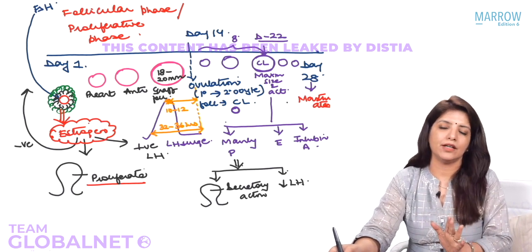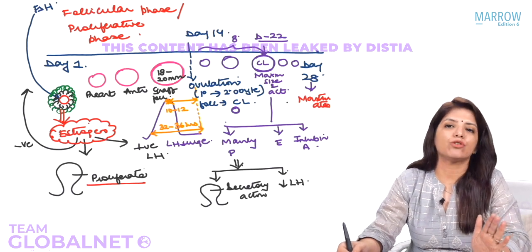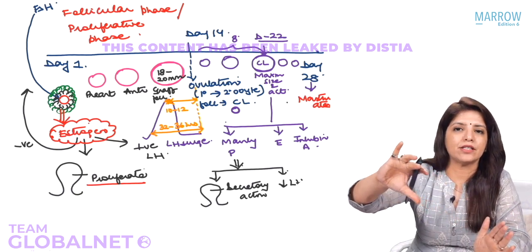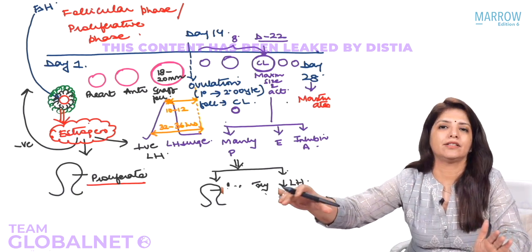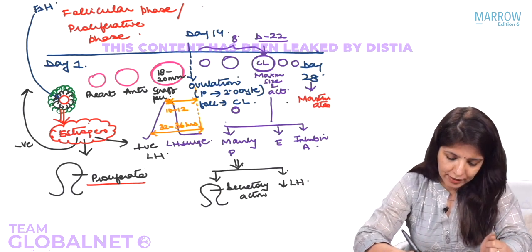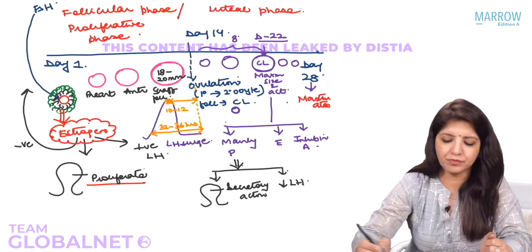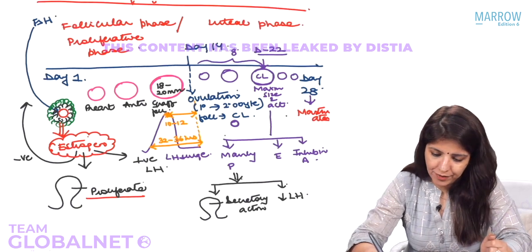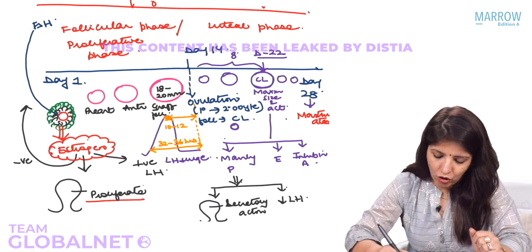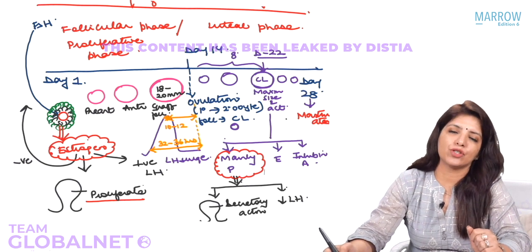Now, in the second half of the menstrual cycle, look at what is happening to the corpus luteum. Initially, the corpus luteum is growing in size till day 28 and then it is decreasing in size. That is why the second half of the cycle is called the luteal phase. And in the second half of the cycle, the main hormone is progesterone.